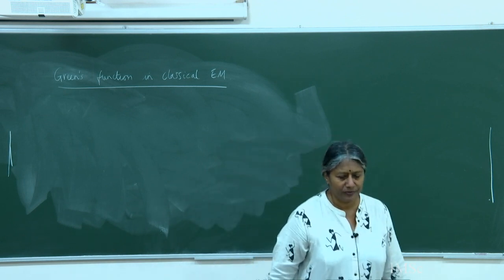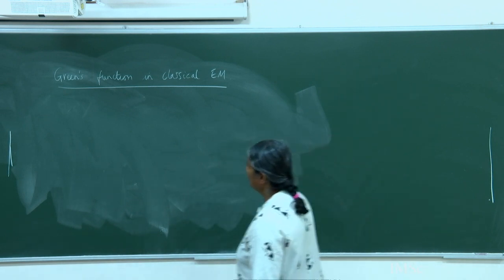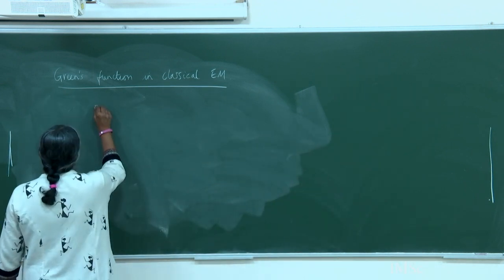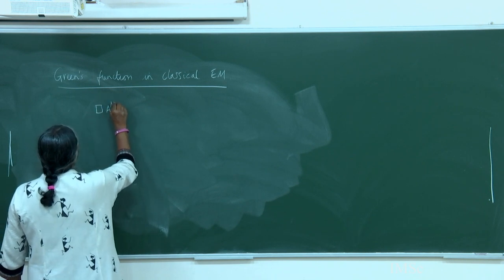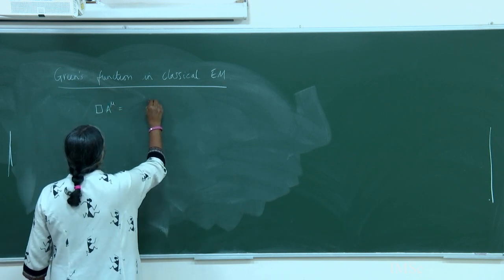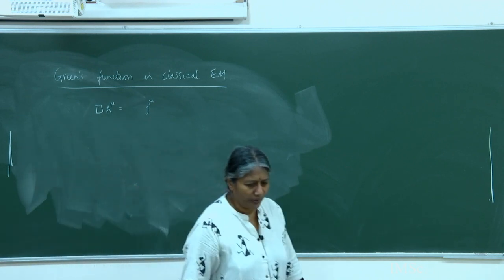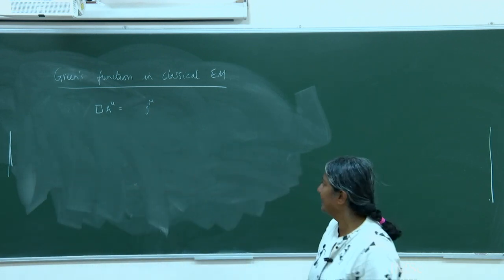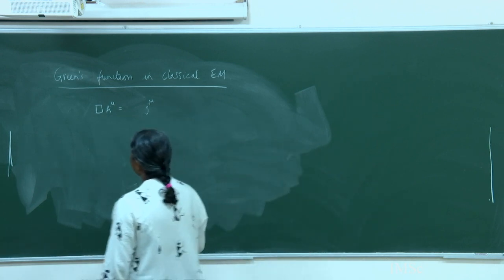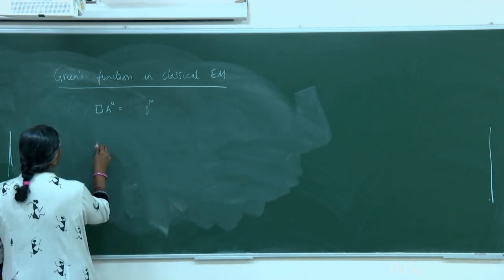So we come back to our favorite equation, which is box A mu is equal to J mu. Now there are always going to be problems with units in electrodynamics. Let me write down the equations explicitly.